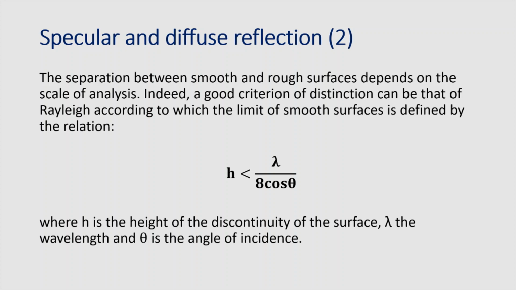I mean, 8 times the cosine that is ranging between 0 and 1, so it could range between 0 and 8. So this quantity, where lambda is governing this ratio, is very, very, very small, a fraction of microns, while h, as we mentioned before, is the maximum discontinuity.